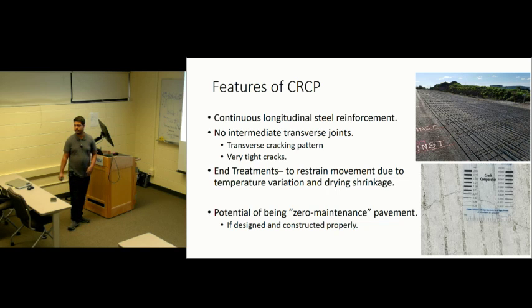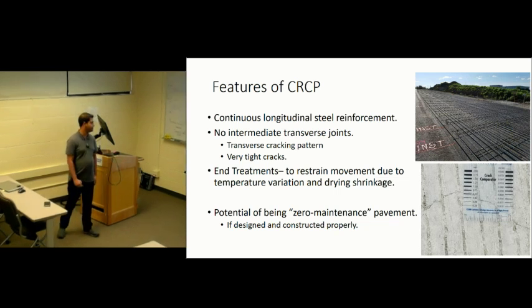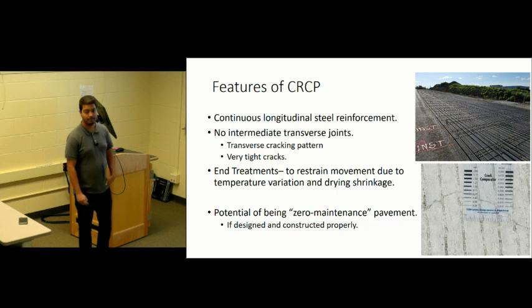So the CRCP has random cracks at regular intervals, and these cracks are very tight. Another feature of CRCP is that it is restrained at the end. So we have an end treatment that restrains the movement of the concrete pavement due to any temperature variation or drying shrinkage. And one of the main benefits of CRCP is it has the potential of being a zero maintenance pavement if it is designed and constructed properly.